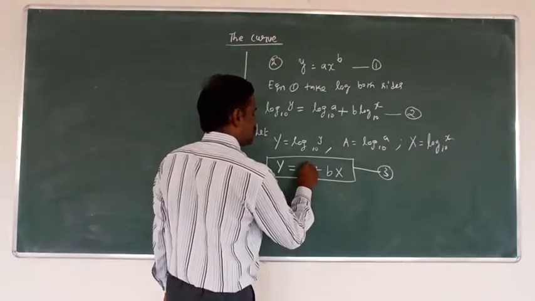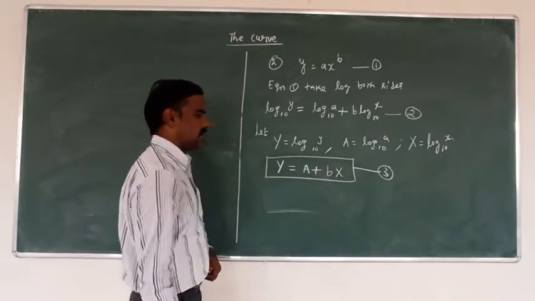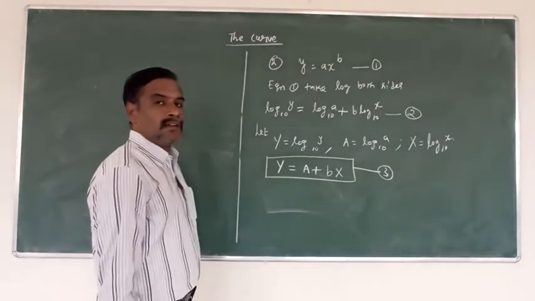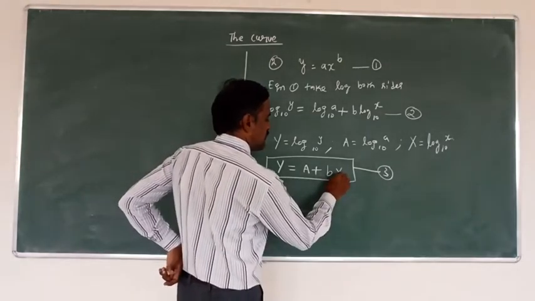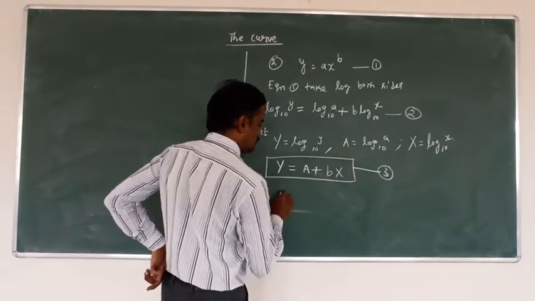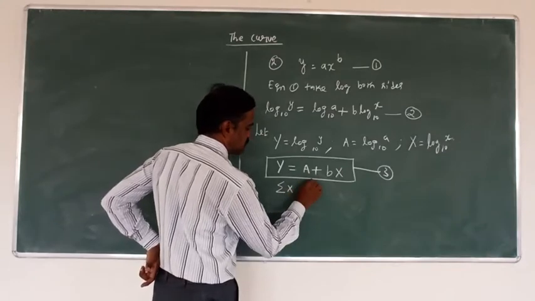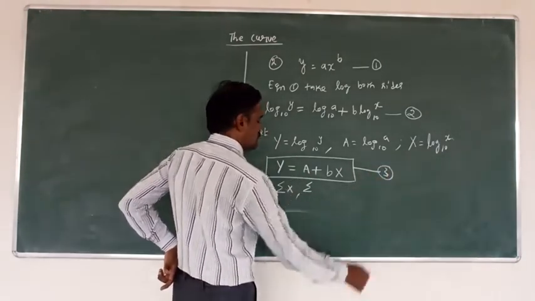Now to find out what is the value of capital A and small b, for that we have to use the normal equation. The maximum power of x is 1, we have to add sigma capital X and sigma both sides in equation 3.